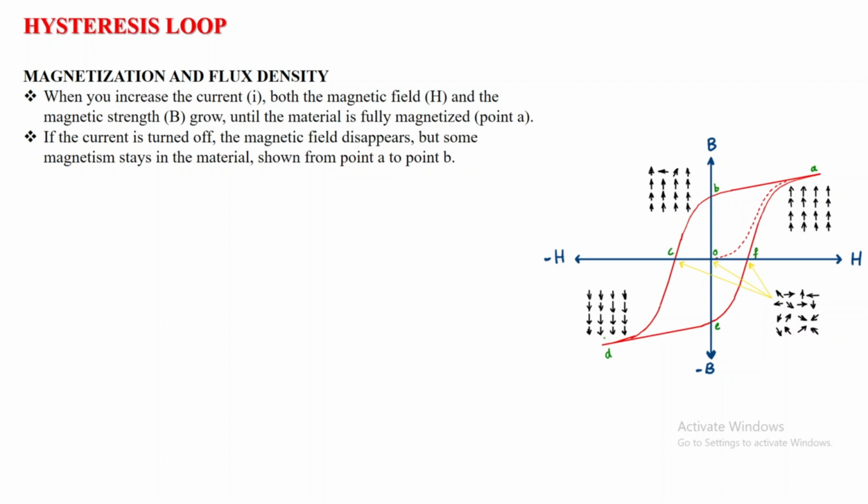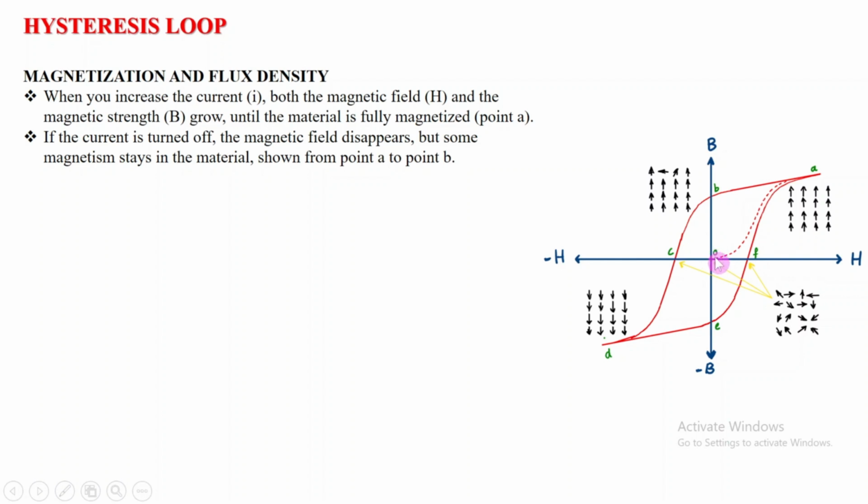So at first the magnitude is small and it is increasing up to the maximum amplitude. If the external magnetic field is increasing, the magnetic flux density B will also increase, which is given by this graph.